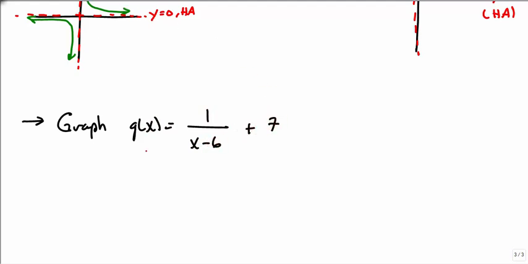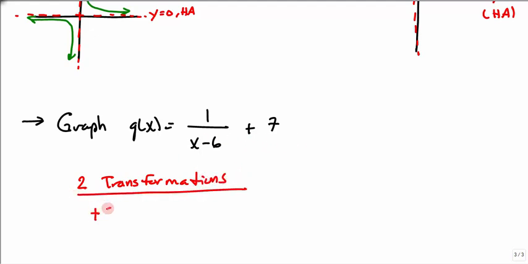We'll have two transformations. The plus 7 will be a vertical shift up seven units.